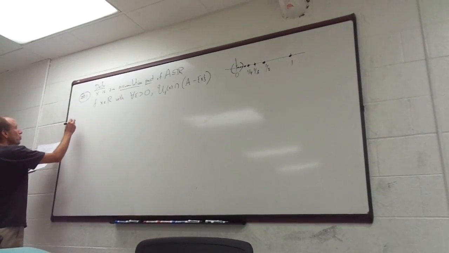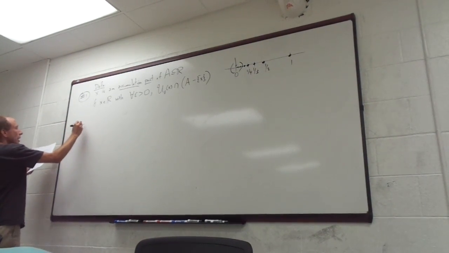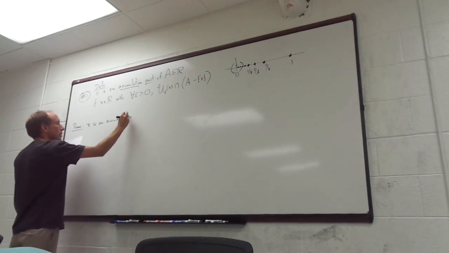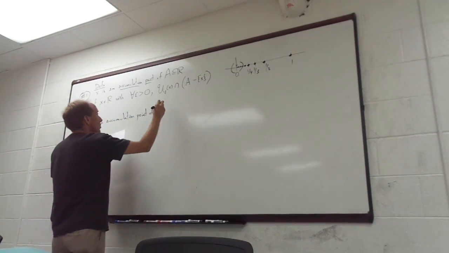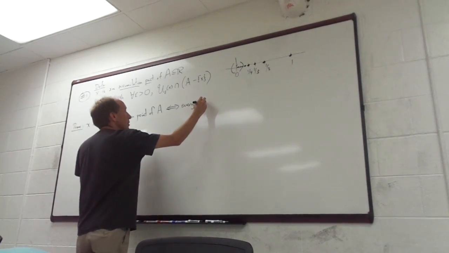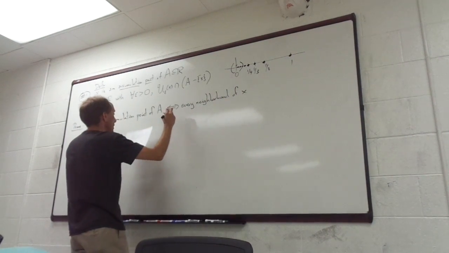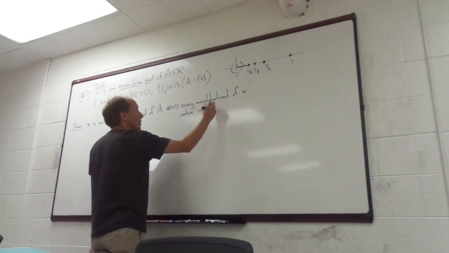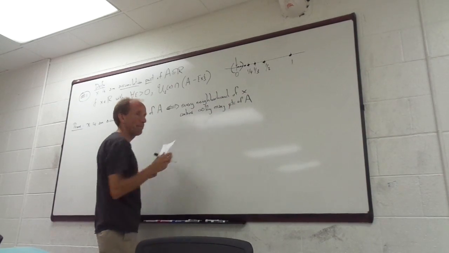So with that in mind, we're going to prove on number 1 the following thing. Prove that X is an accumulation point of A if and only if every neighborhood of X contains infinitely many points of capital A. Okay?